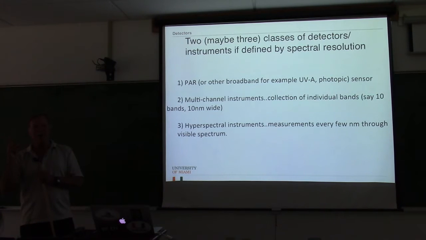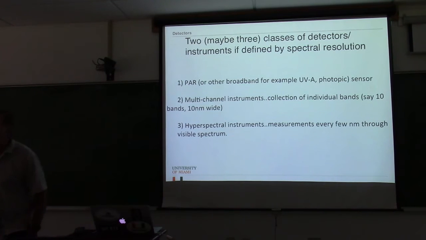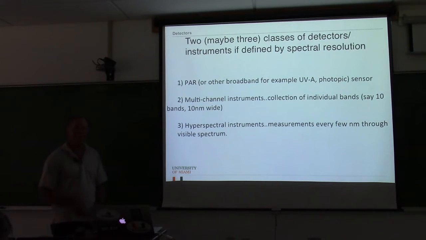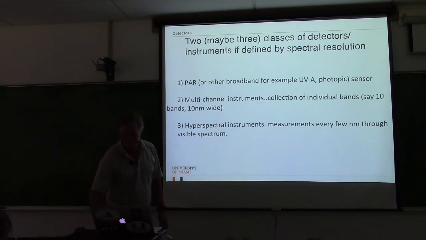There are groups, though, that do try to do something like a hyperspectral sensor with a whole bunch of individual sensors, so it isn't necessarily exclusive. Diffraction grating, yeah. Well, there are all sorts of different kinds, but diffraction grating, yeah.